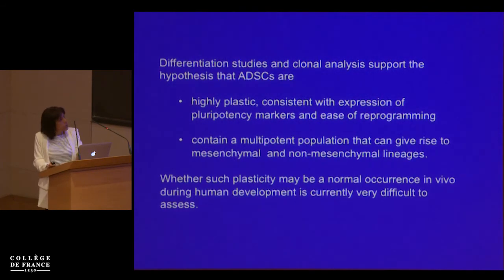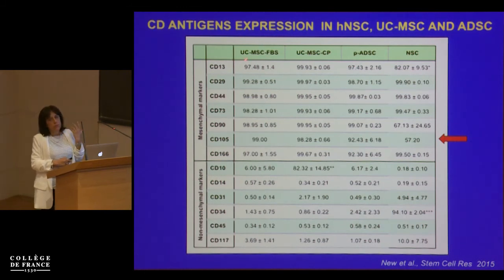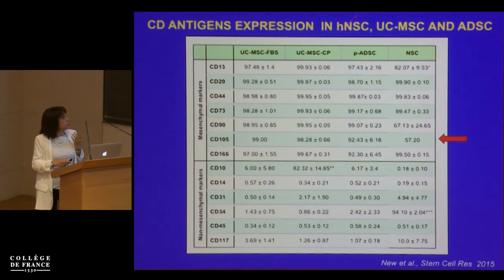And another brief point I'd like to make is whether all these cells are born equal, have the same properties. Isolation of the cells to have purer populations using the CD markers, the surface markers, is a very popular approach that obviously we use like everybody else. In this particular slide, what we're comparing were the mesenchymal stem cells from umbilical cord, from the fat, and our negative control were the neural stem cells.